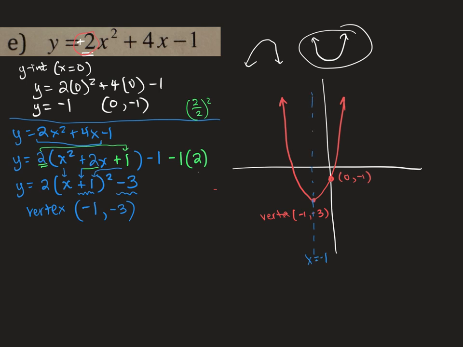The y-intercept is only a distance of 1 away, because from 0 to -1 is just 1, which means we have another point over here at the same height, so the y-coordinate is -1, at the same distance from the axis of symmetry, so x would have to be -2. So we're at (-2, -1) for another point. All right, we've got 3 points now on the graph.